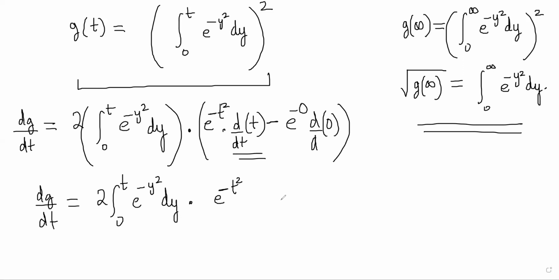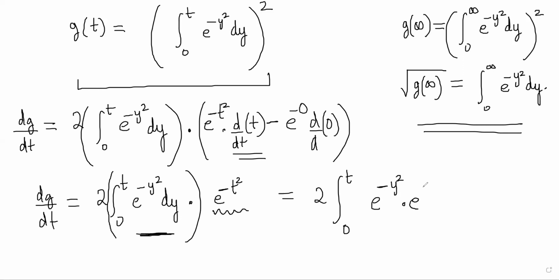Now what I can do here is I'll realize that this integral is an integral over the variable y, right? So t is a constant for that, and I can take it inside the integral. So I can write it as 0 to t e power minus y square multiplied by e power minus t square dy, right?